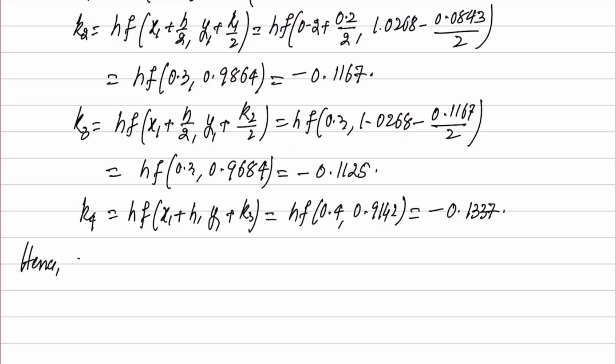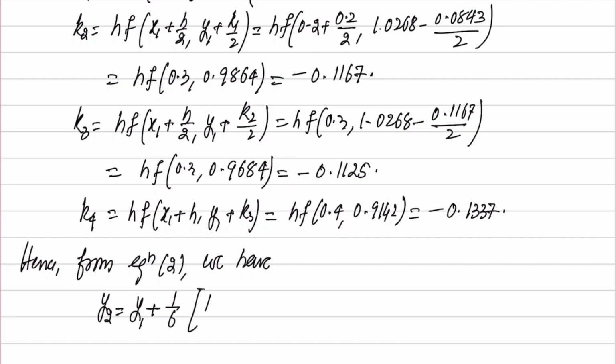So hence from equation 2, y2 is defined as y1 plus 1 divided by 6 times k1 plus 2k2 plus 2k3 plus k4.